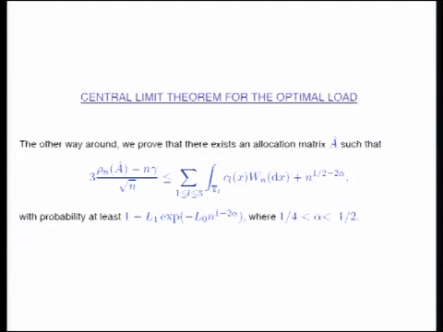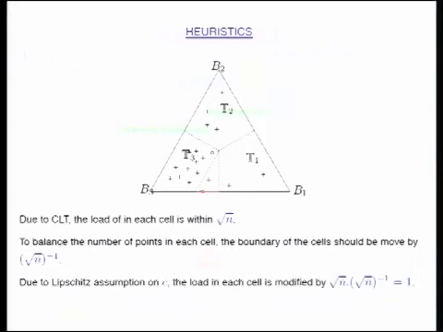I'm explaining it in one slide. You allow some kind of bracing of your cells, and the heuristic is like that. Due to the central limit theorem, the loads in each cell are within square root of n of each other.